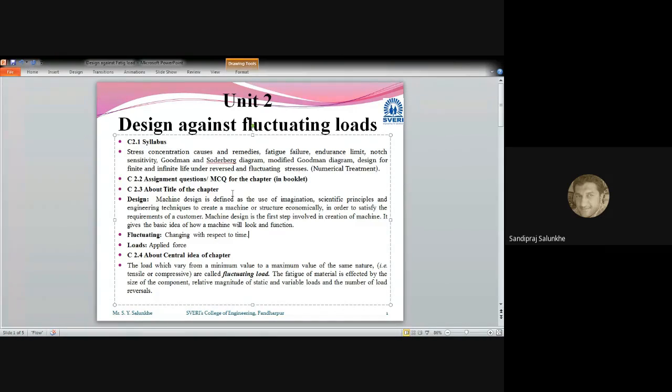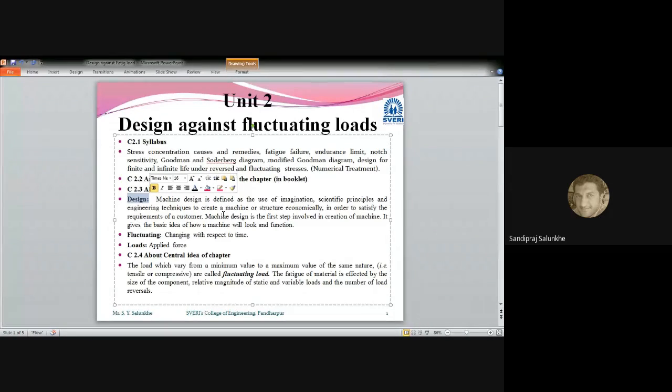Now, the title of this unit is Design Against Fluctuating Loads. We can also say it is design against fluctuating stress, because loads are responsible for creating stress and loads are nothing but forces. Already you know what design is. Design involves that large procedure which we have seen in the first unit: imagination, specific principles of physics, engineering techniques, and creativity.